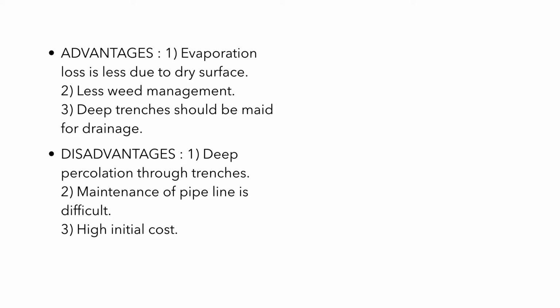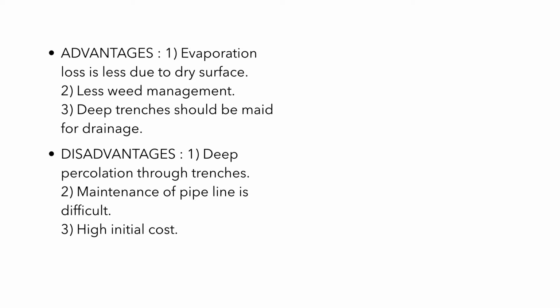The second is that maintenance of the pipeline is difficult. We have buried our whole pipe inside our soil, and it is difficult to dig up the soil, take our pipe outside, repair it, and then bury it again, so it's difficult.